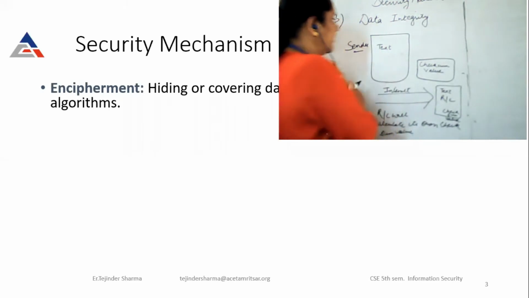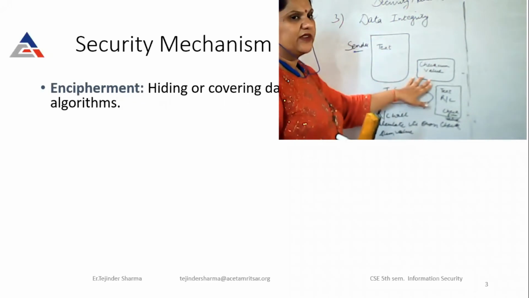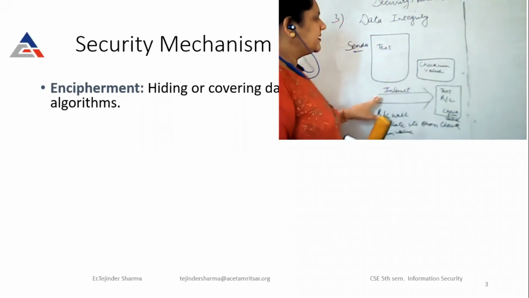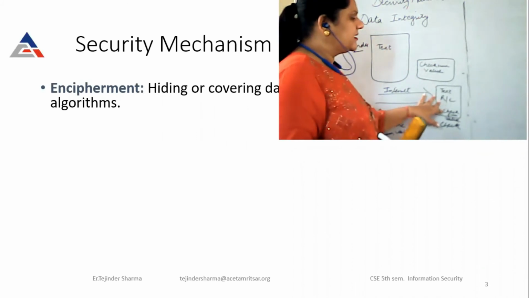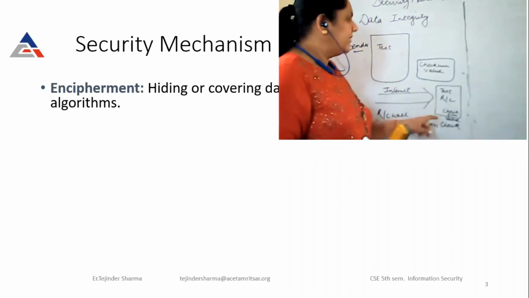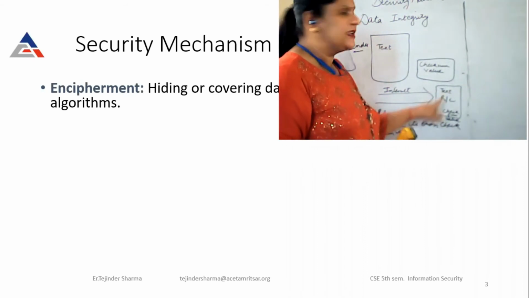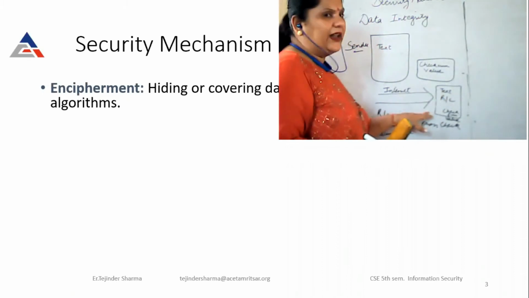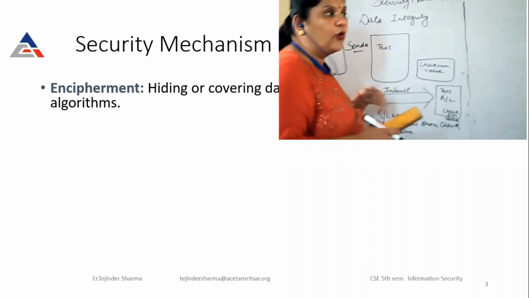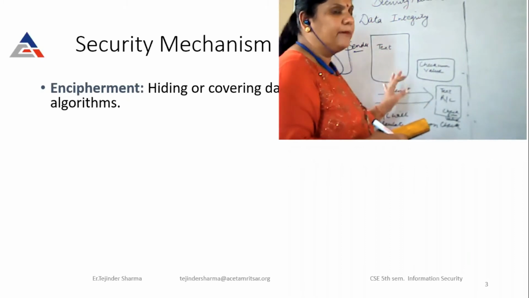I repeat, data integrity: there is a text. Along with that goes one checksum value, and this is transmitted over the internet, and the text is received by the receiver. Then the checksum value is again calculated by the receiver for the same text, and the receiver will match his own checksum value with the checksum value sent by the sender.